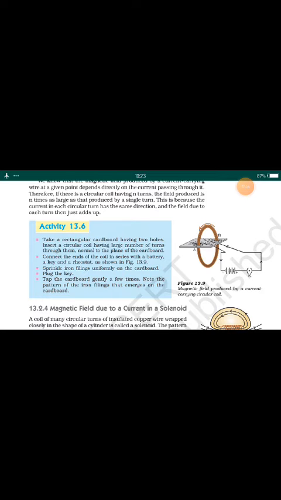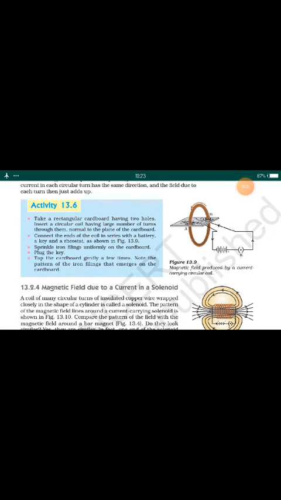This is because the current in each circular turn has the same direction. जो डायरेक्शन होती है वो सेम रहनी चाहिए. And the field due to each turn then just adds up, वो धीरे धीरे ऐड होता है. 1 and 2 and 3, धीरे धीरे वो लूप्स की जो स्ट्रेंथ है, वायर्स है, वो बढ़ते जाते हैं.